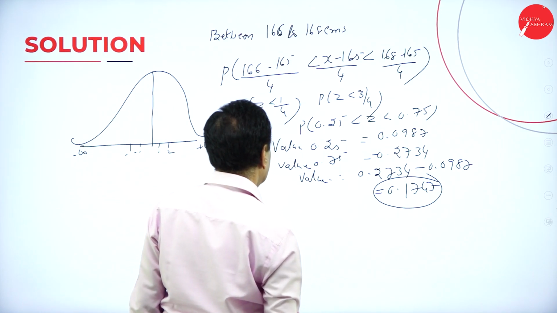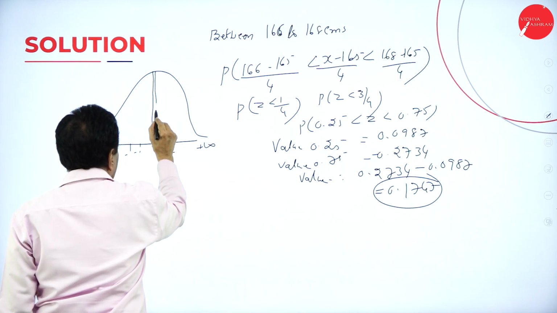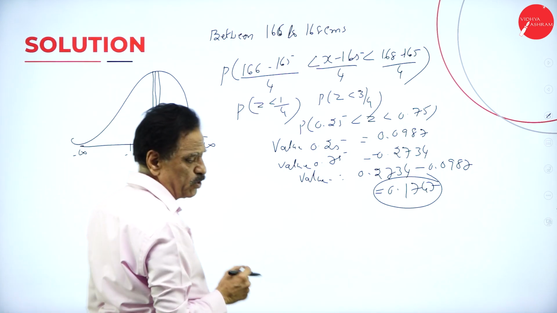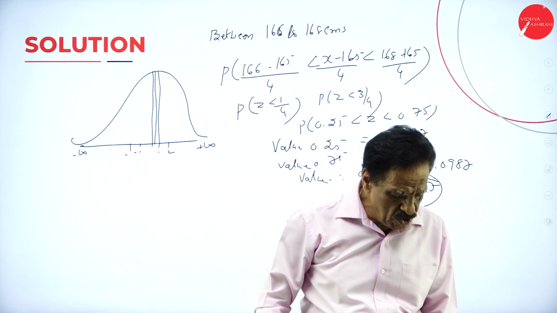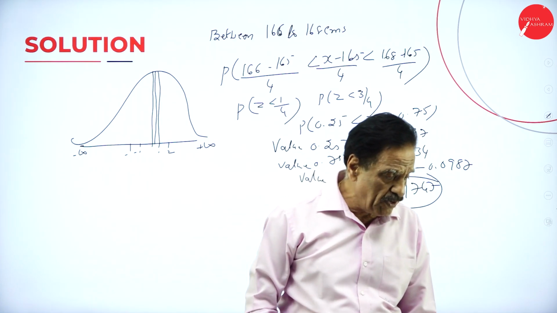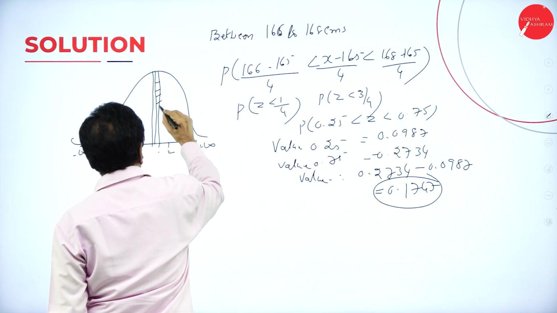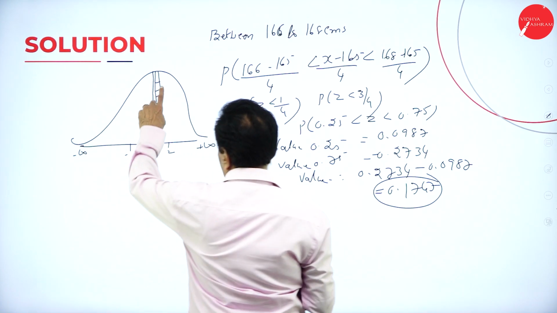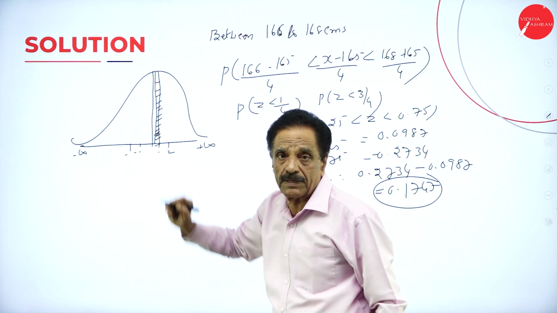What are the values? 0.25 and 0.75. You have to mark the values 0.25 and 0.75 on the graph sheet like this.